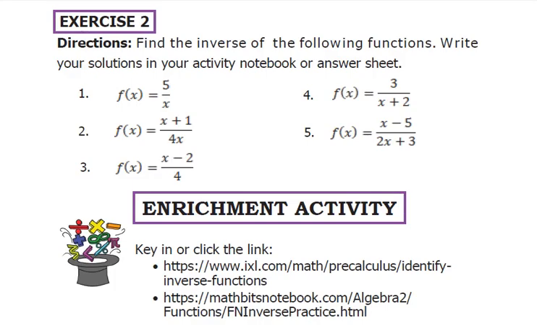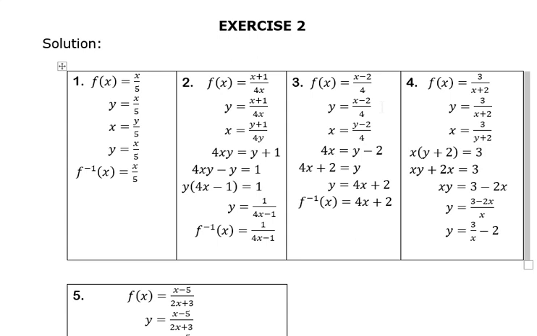Moving on to function number 3. f of x is equal to x minus 2 all over 4. Solution, rewriting y equals x minus 2 all over 4, interchanging x and y. We have x equals y minus 2 all over 4. Then, cross multiplying, that becomes 4x equals y minus 2.